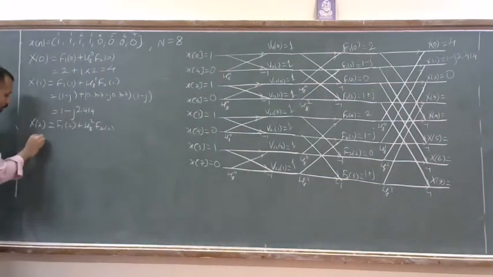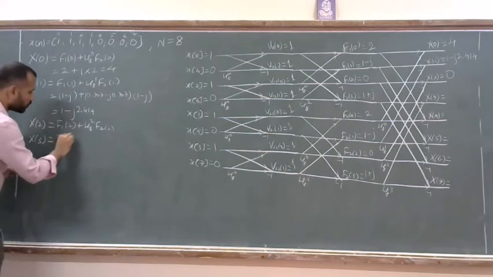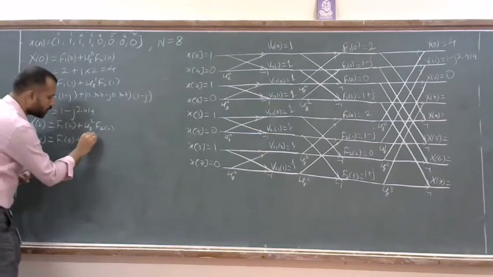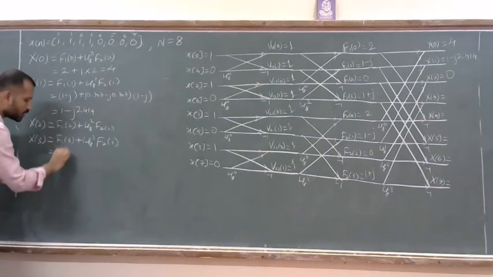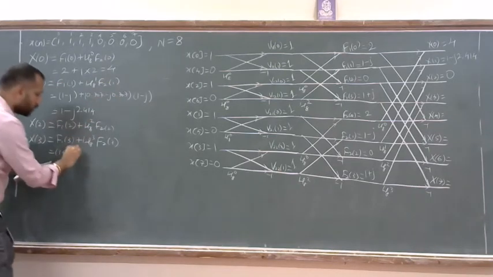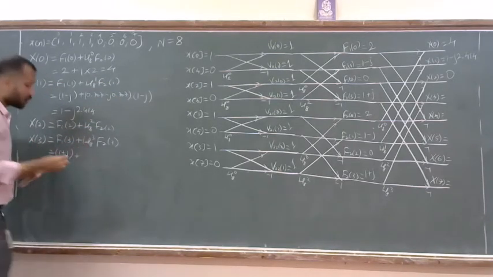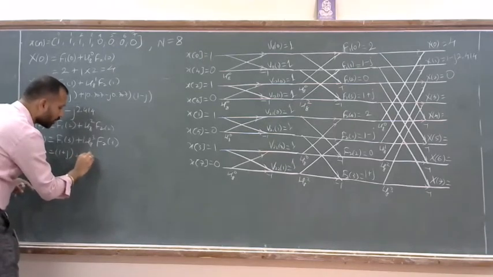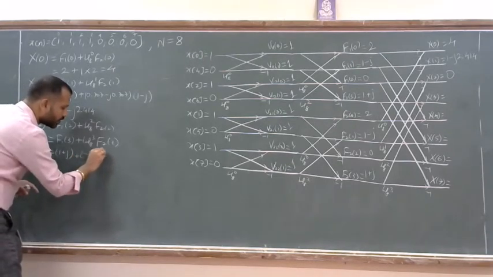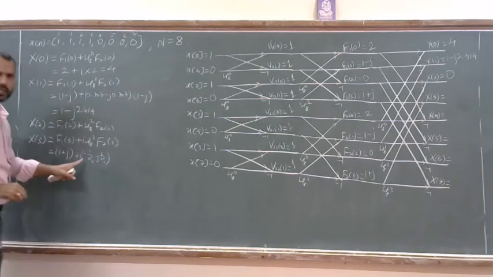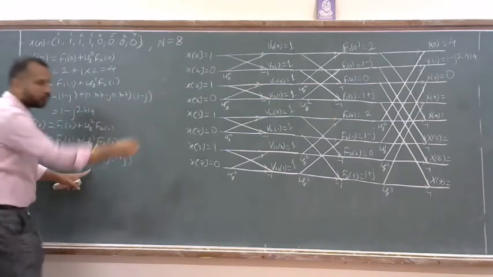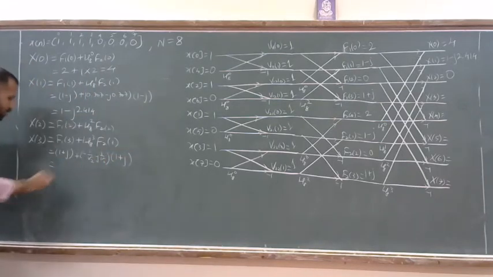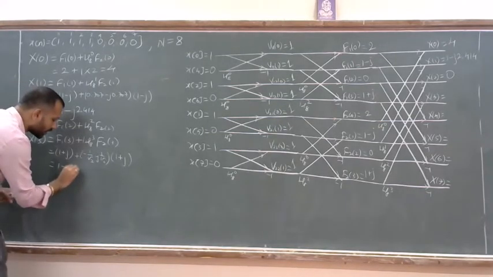And x of 3 will be f1 of 3 plus w83 f2 of 3. f1 of 3 is 1 plus j plus w83, the fourth twiddle factor value, which is minus 1 by root 2 minus j 1 by root 2, or minus 0.707 minus j 0.707, multiplied by 1 plus j, because f2 of 3 is also 1 plus j. Simplify this, we will get 1 minus j 0.414.